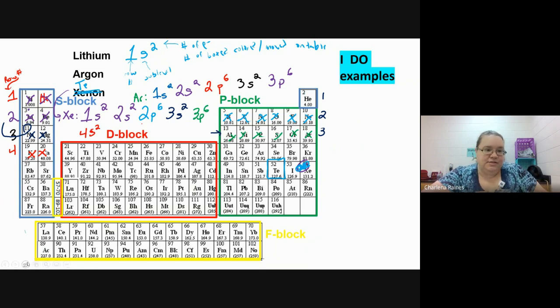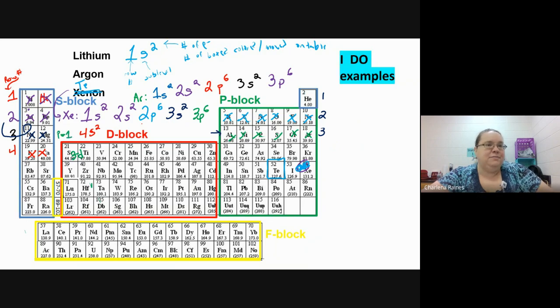Now, this is where that graphic earlier would be very, very useful. Because that graphic showed me that when I got here on the table that I was in the 3D part of the table. But if I don't have that graphic handy, I could just write myself a love note above the D block to remember to subtract 1 from the period.